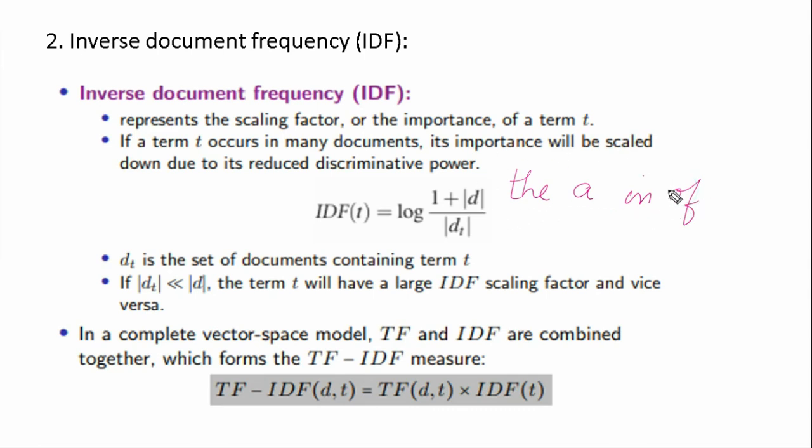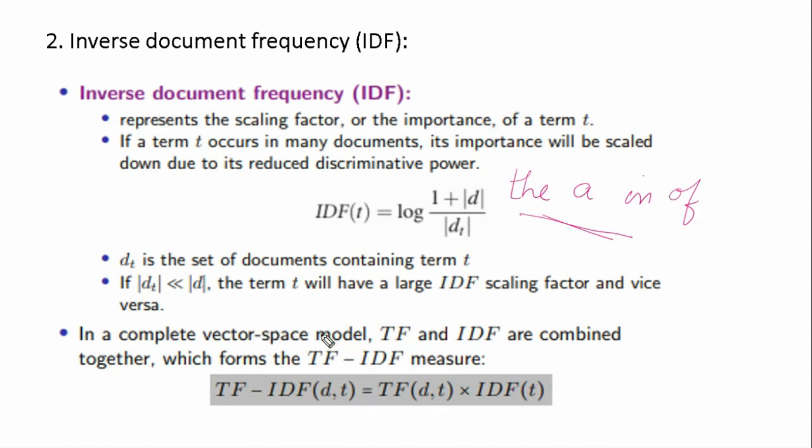This will not give any importance to your meaning and this will suppress the occurrence of the important words. So at that time, you have to reduce such words. For that you are using inverse document frequency. Now we formulate IDF of T, which is equal to log of (1 plus D) divided by dt. dt is the set of documents containing the term T.